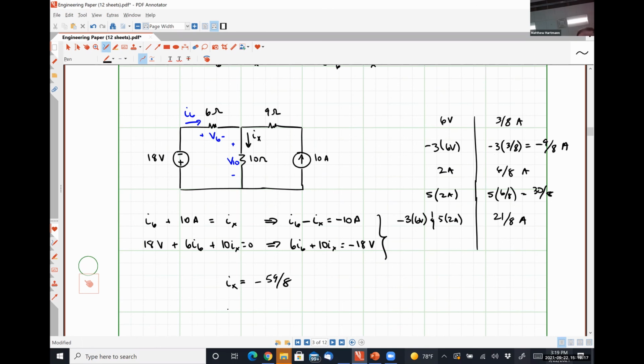Sorry, that was I6. What did IX come out as? 21/8. Exactly what I predicted before I did a lick of circuit analysis on this guy at all.